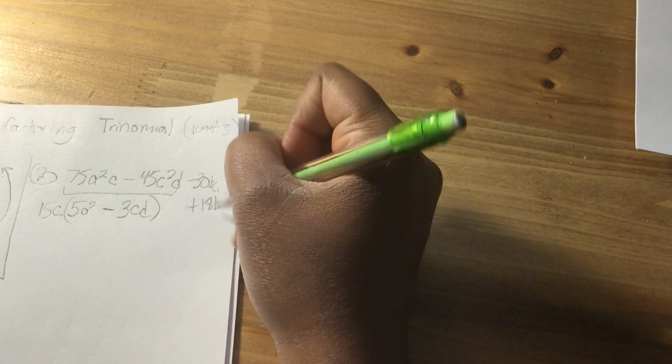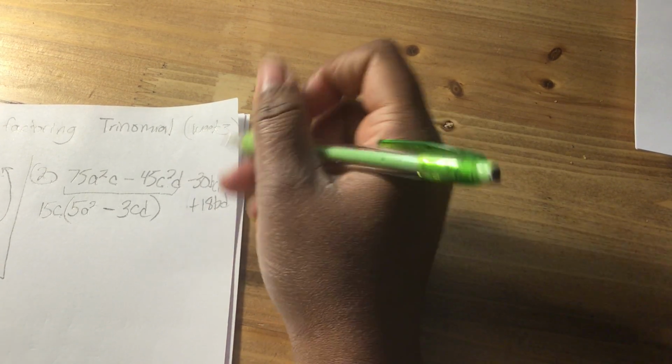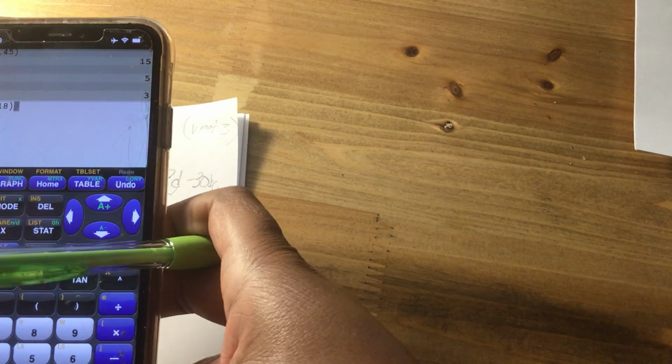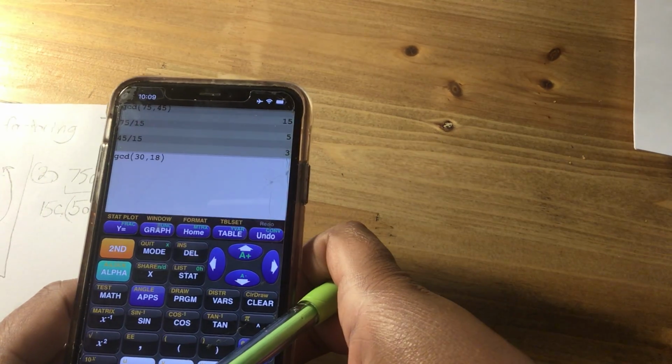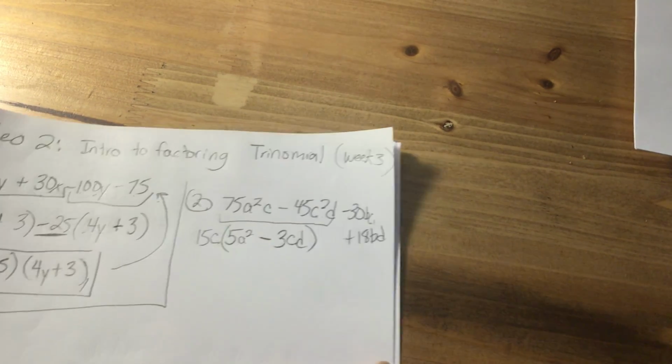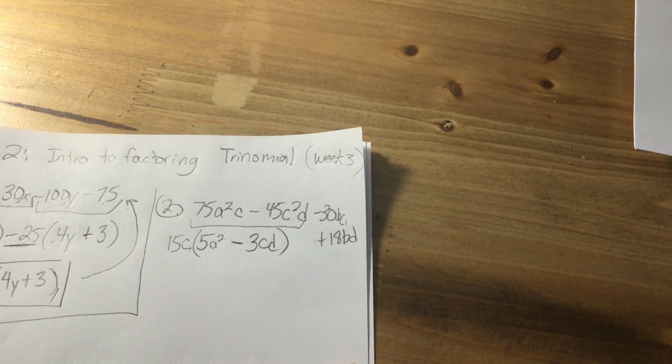Now you can do the same thing for 30 and 18. Go back to math, over to num, down to GCD, and type in 30, comma, 18. Close the parentheses, and that gives you 6. So you can take out a 6.